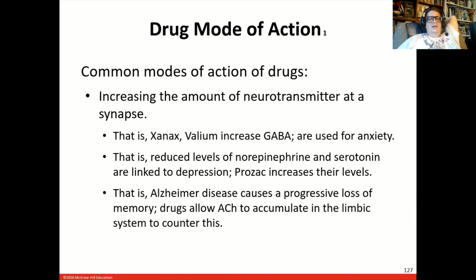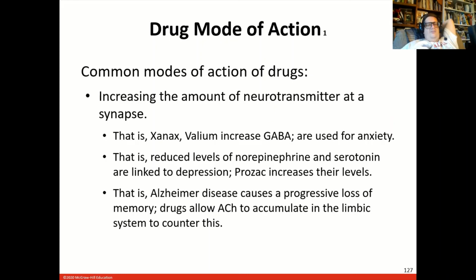One thing that you could do is increase the amount of neurotransmitter at the synapse. That's what Xanax and Valium do. They both increase GABA levels. If you have reduced levels of norepinephrine and serotonin, that causes depression.